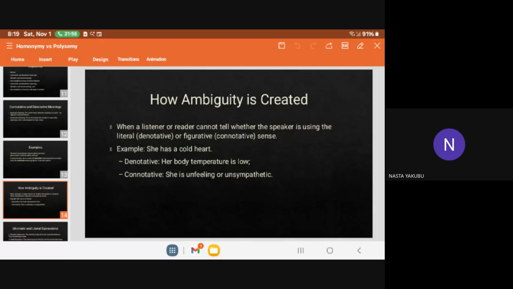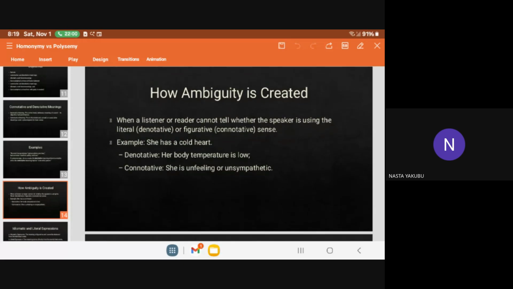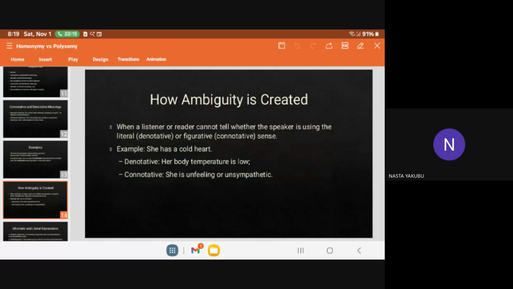So when it is not clear, then the ambiguity comes about. Because the question that will be asked is, is the speaker or the writer referring to the literal sense that the man is a snake, or does he mean the figurative sense, which has to do with the man being deceitful?